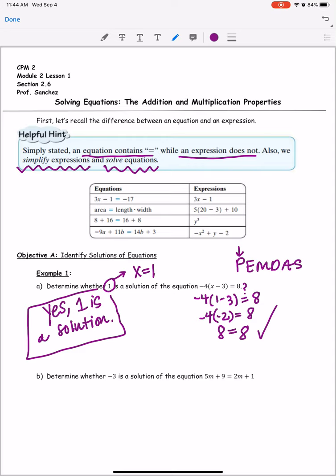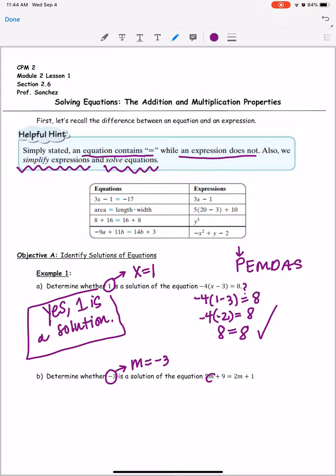So B, same thing. Determine whether -3 is a solution to the equation 5m plus 9 equals 2m plus 1. So notice this time, since my variable is now an m, that means m equals -3.